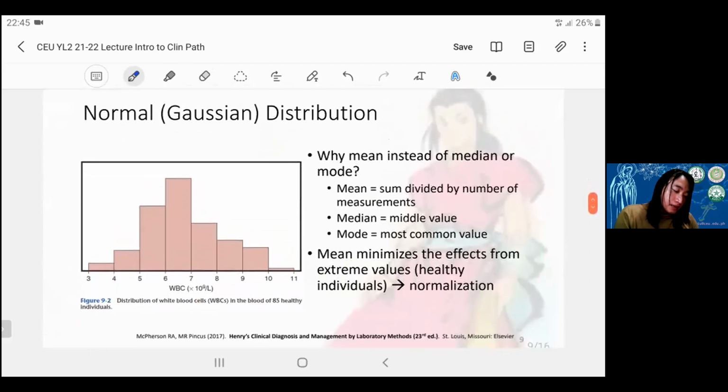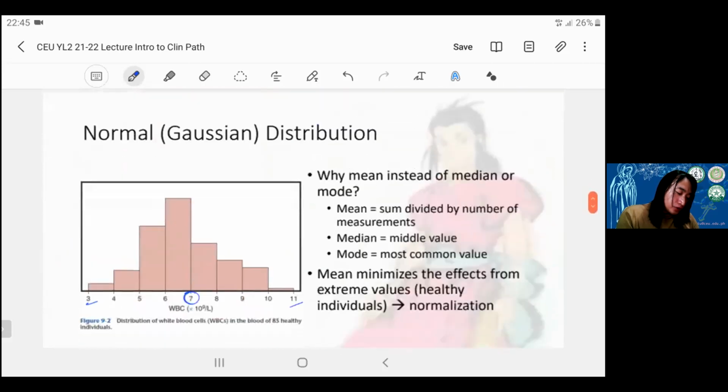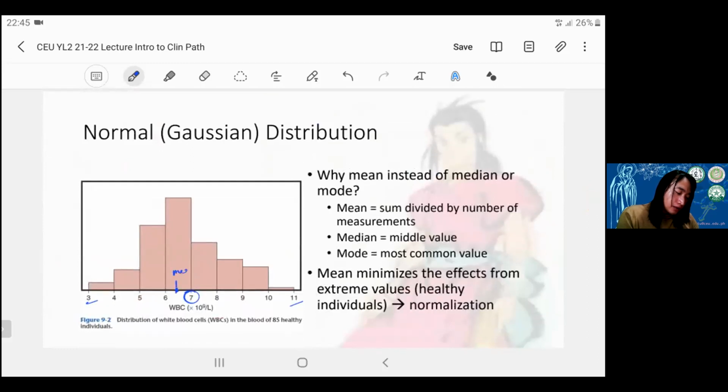And then median, the middle value. So here we have 3 to 11. The median would be 7. So there's a difference. Your mean would fall somewhere here, while your median is 7.